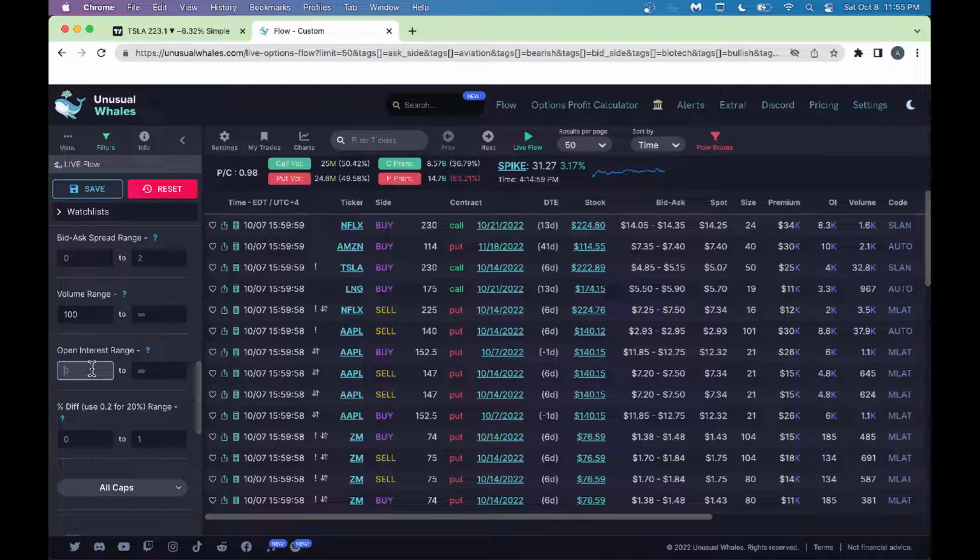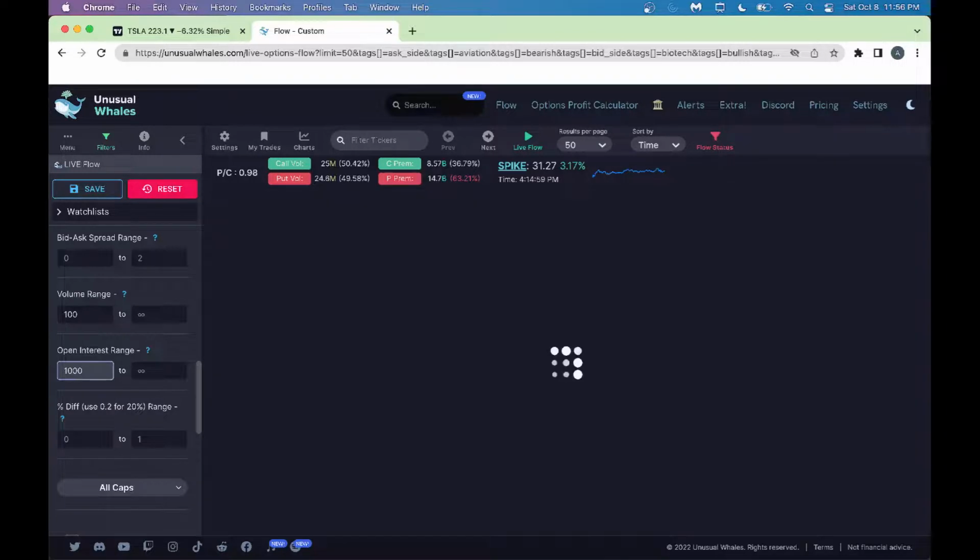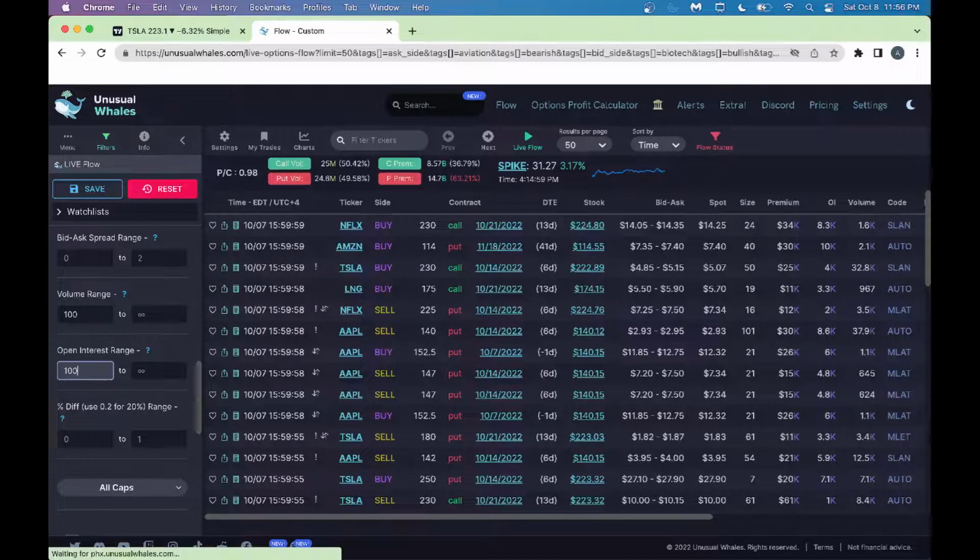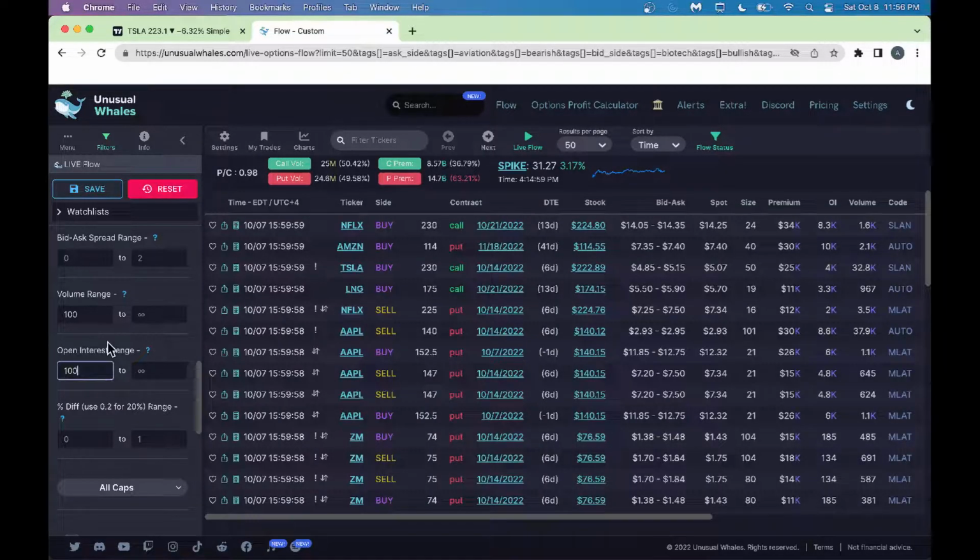That open interest changes on a nightly basis, once a day. Whereas option volume is today's volume, open interest is cumulative volume over a period of time. So you could say 100 or even 1,000 is a good one. Probably let's start with 100. That way you want the stocks to have good open interest.